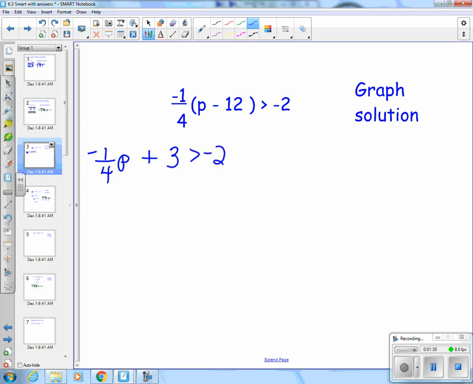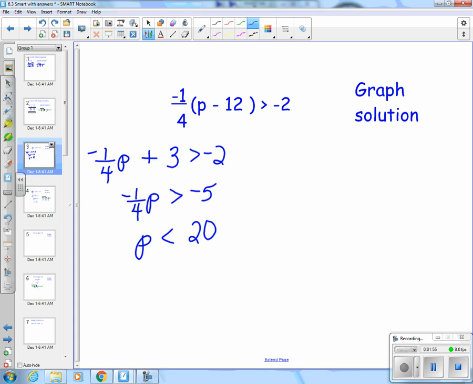And now I have a two-step problem that I need to solve. Negative 1/4 p is greater than negative 5, and p is something than 20. Remember that when we multiply by a negative on both sides, we need to flip our inequality symbol.